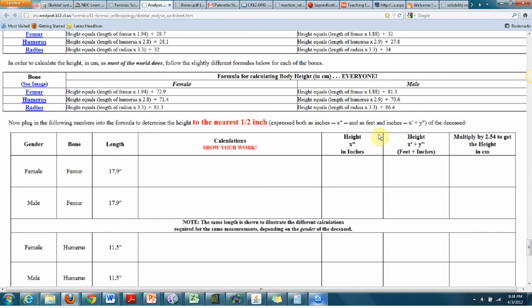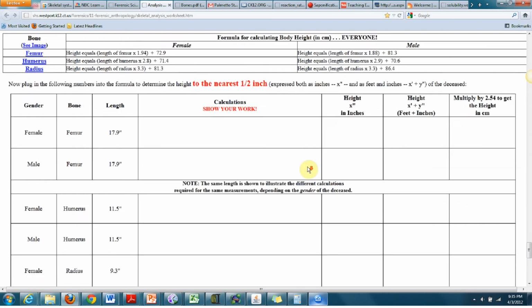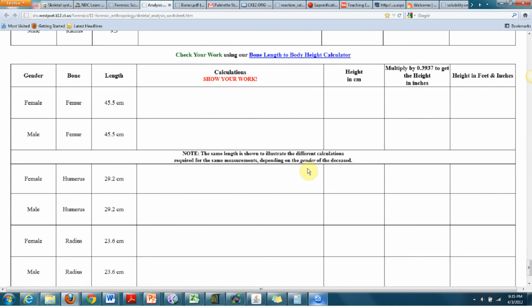I'm particularly interested in making sure that you can read the chart and calculate a height. It would be great if you could do it in all of these units here, but specifically make sure you can at least get just the inches. Okay, if you have a little bit of trouble with the conversions to feet and inches and centimeters, we can look at that the next time that we're together.